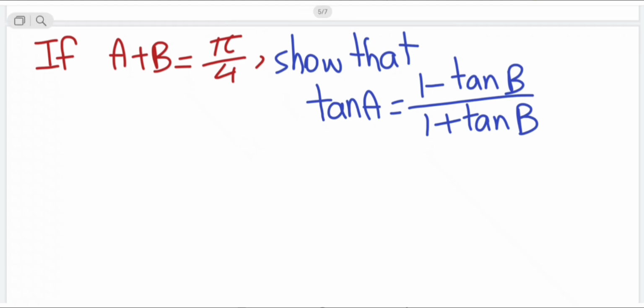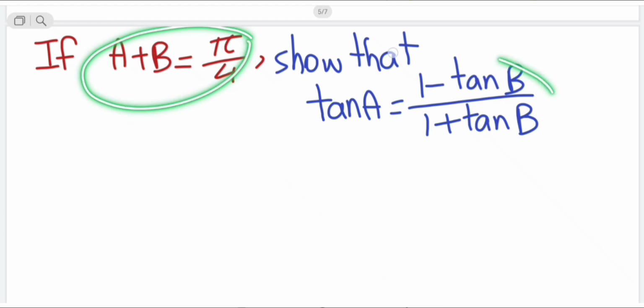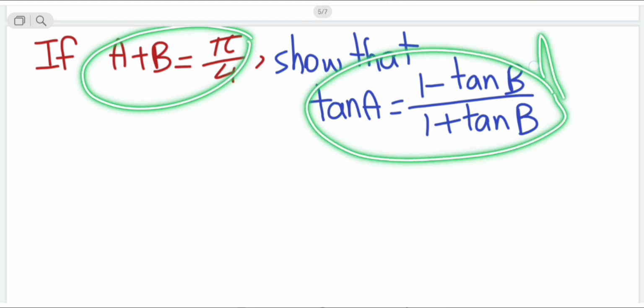They give you A plus B equals pi over 4, and they are asking you to show that tan A equals this expression. This is given, and we have to find this one. Show that means this is the answer, and you have to arrive at it. So this is given, let's start.